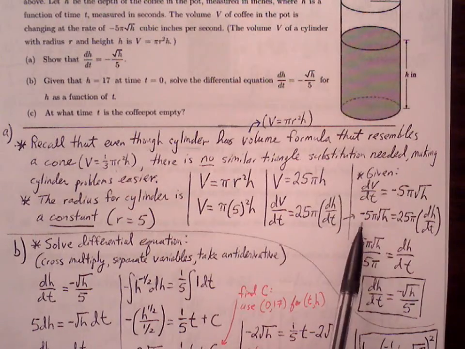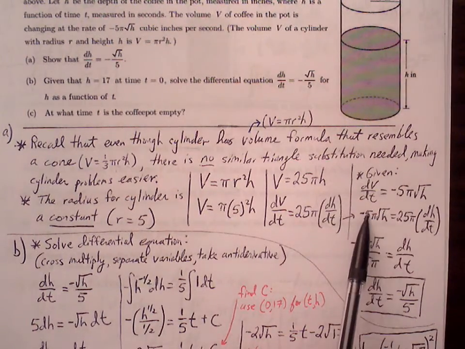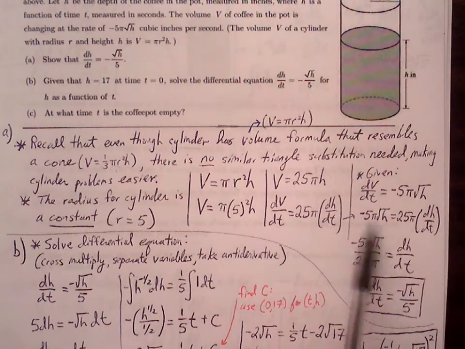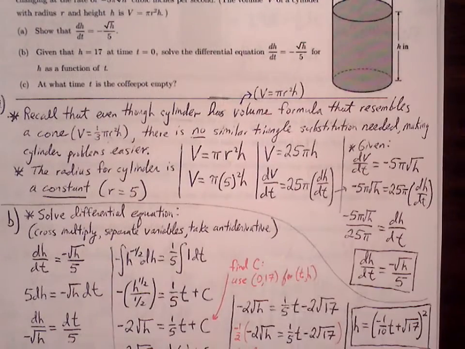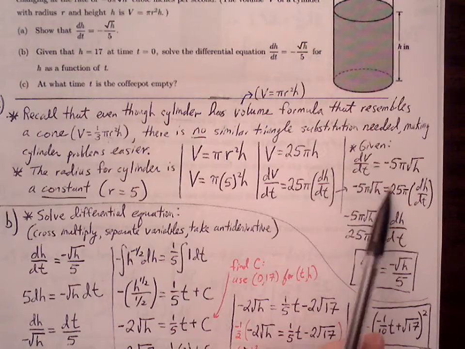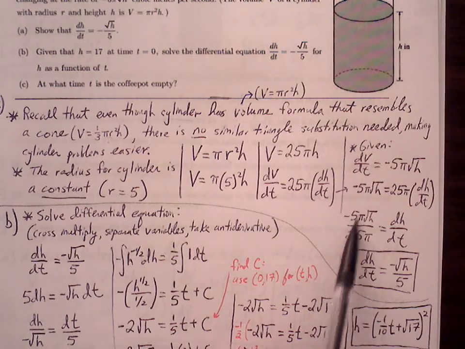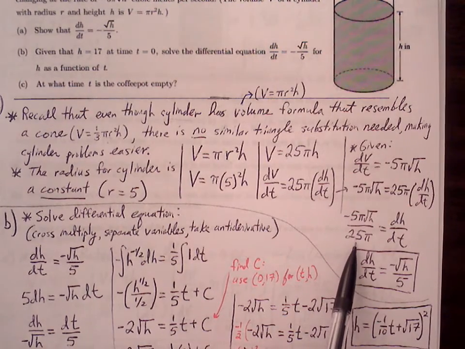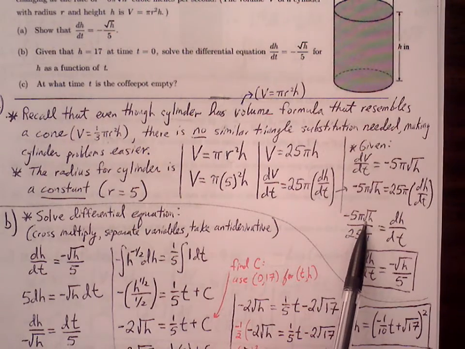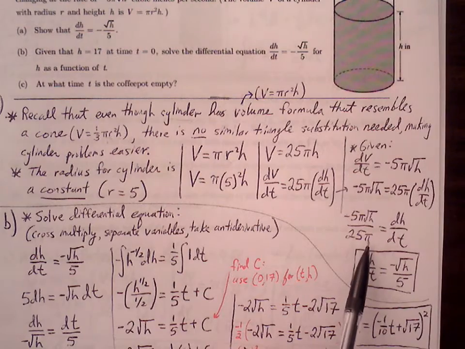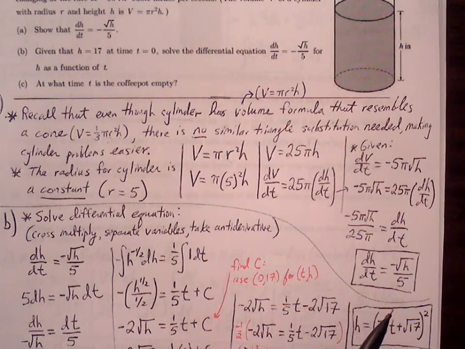So we plug in negative 5 pi root h for dV/dt and solve for dh/dt. Divide both sides by 25 pi. The pi's cancel out, the 5 and 25 reduce to negative 1/5, and the root h is up top. So dh/dt is simply negative root h over 5.